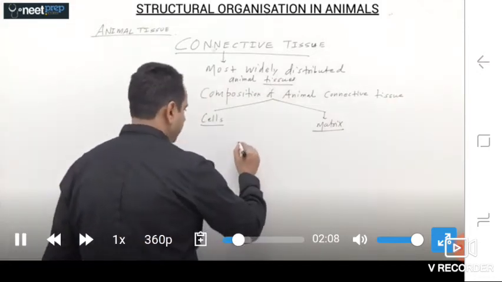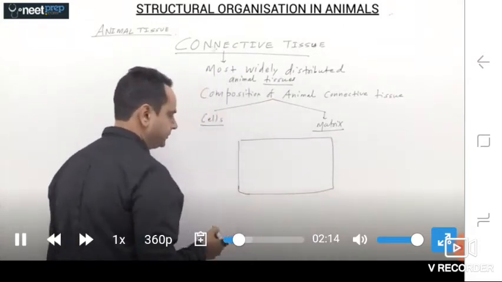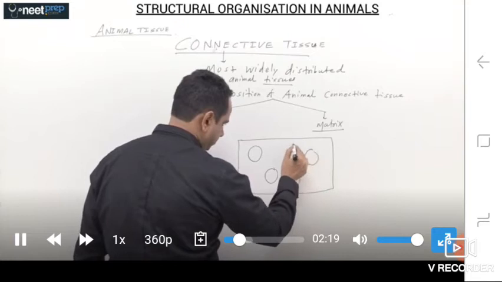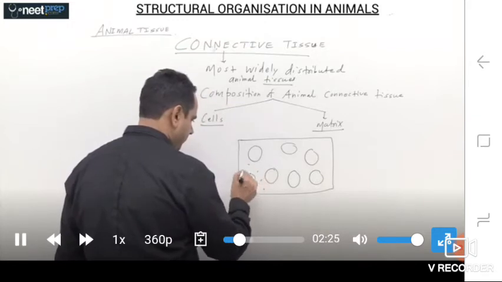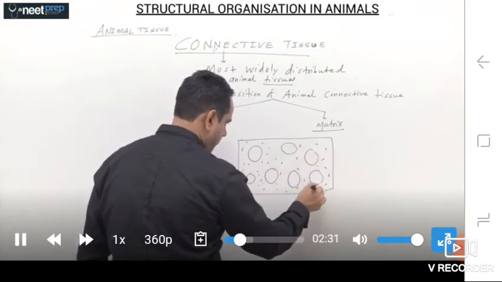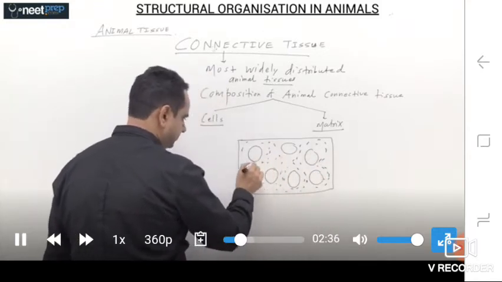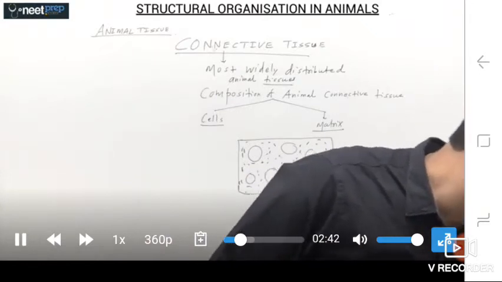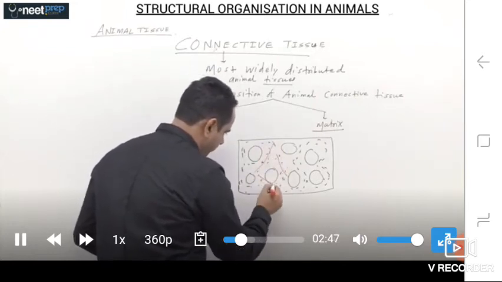What is that? Suppose this is the cross section of an animal connective tissue. It contains different type of cells. There is fluid-like ground substance, and scattered fibers.